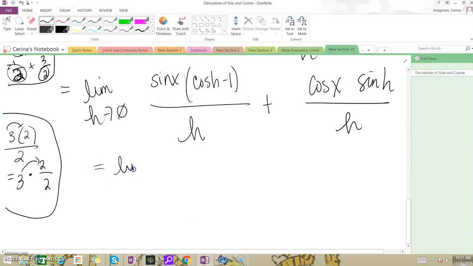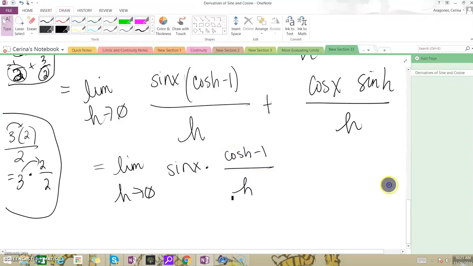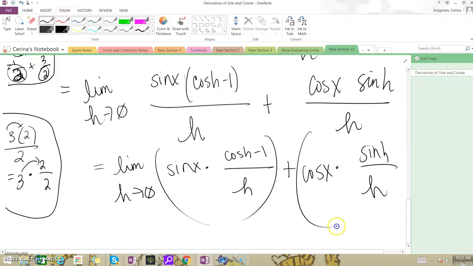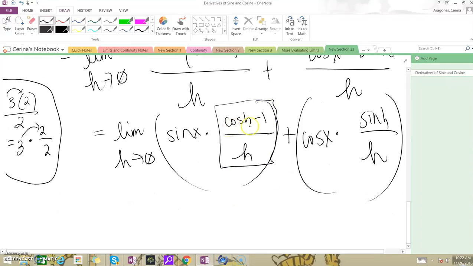So this is then the limit as h approaches 0 of sine of x times cosine h minus 1 over h plus, so that's one term, cosine x times sine of h over h. That's another term. So I'm starting to look like what I want, except this one is flipped.